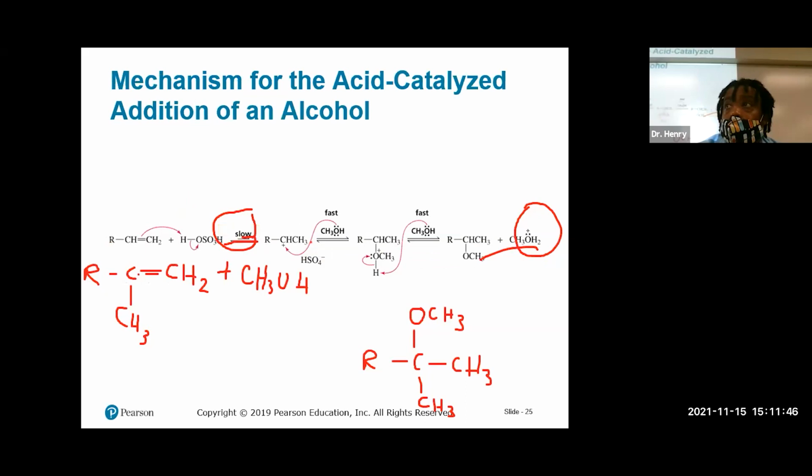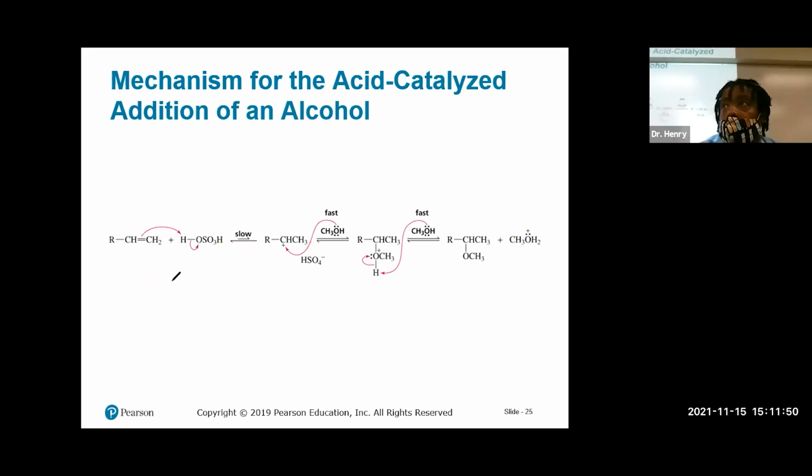Okay, so the mechanism is going to be the same, okay, that we saw with the water. So in this case, the electrons from the double bond are going to donate its electrons to the hydrogen. That hydrogen is going to donate its electrons to the oxygen.